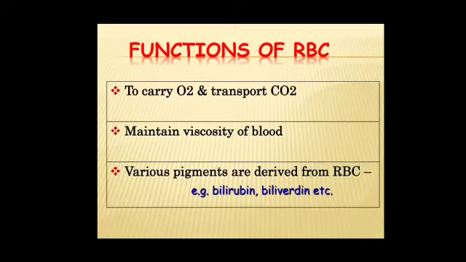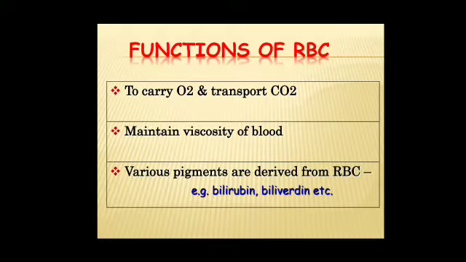As you already know, the lifespan of RBC is about 120 days, and when these cells die, they go into the liver and produce a yellow pigment, bilirubin and biliverdin. The liver is the graveyard of RBC, and these pigments are also stored in the liver.